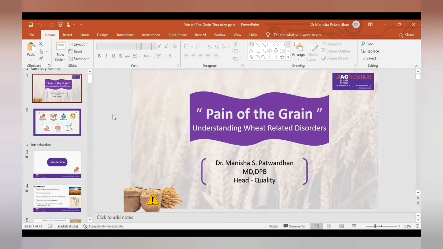She received her MD Pathology in 1995 along with DPB. And for last 26 years, she is associated with this A.G Diagnostics. Previously, it was Wilker Laboratory. Now it is known as A.G Diagnostics Pvt Ltd. Her special interests are clinical biochemistry, immunoassay, autoimmunity, laboratory information management system, and process management in laboratory.